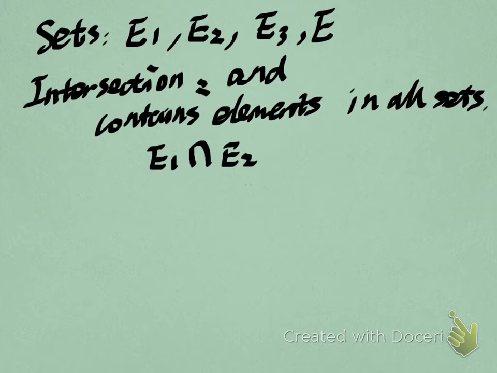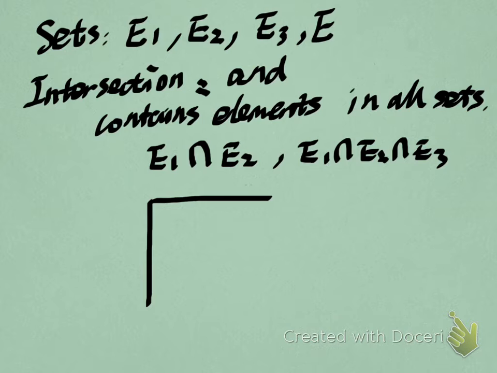And of course, if we have more events, we can have E1 intersection E2 intersection E3 and even more sets.